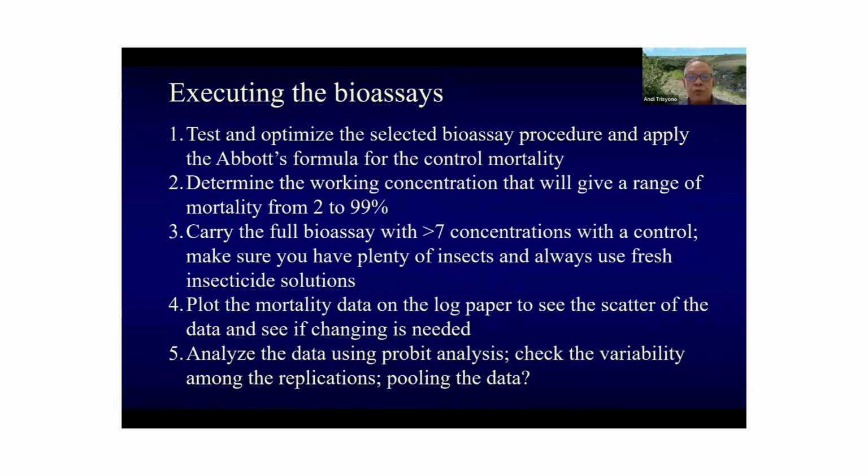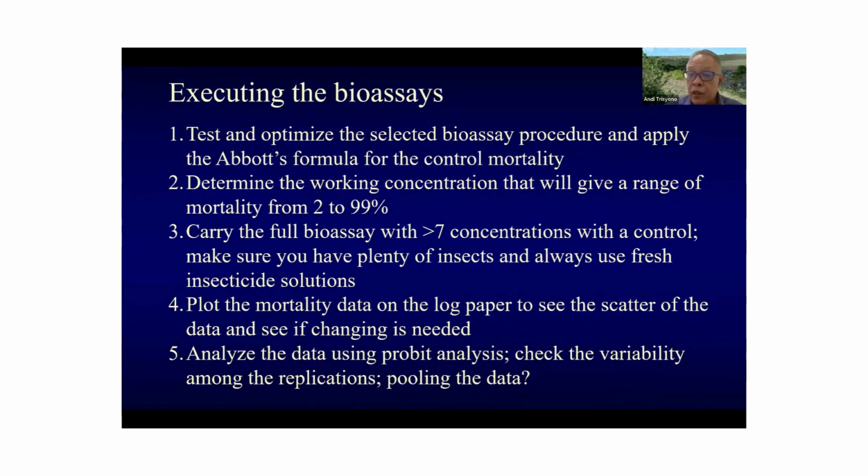Abbott's formula allows us to have 20%, but in experience, 20% mortality in the control is still too high. If you have a good bioassay procedure, it's very replicable and usually mortality ranges from 0 to 5%. So that has to be set up before you start working with any insecticide.